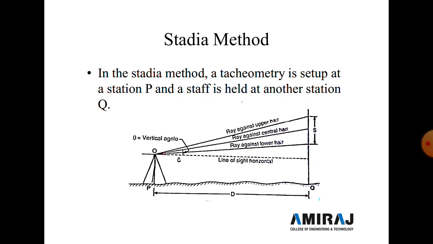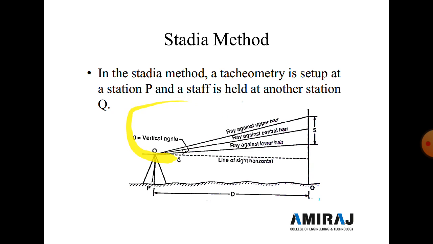In the stadia method there are three crosshairs: the top or upper hair, the central hair and the bottom or lower hair. The dotted line is the imaginary horizontal line of sight. From the horizontal line of sight to the central hair reading, the vertical angle theta is taken.